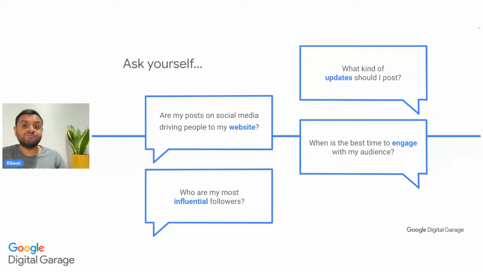Who are my most influential followers? This is something which will take a little bit of homework on your end, to find out who is in your community already and what sort of influence they have. Do they have their own following of people who listen to their opinions, perhaps?